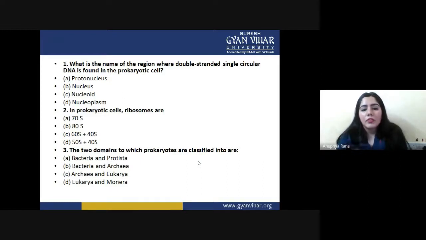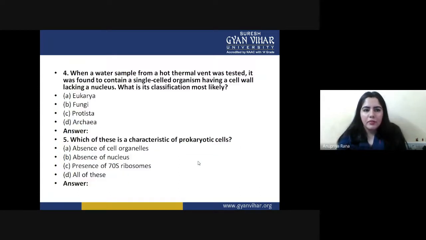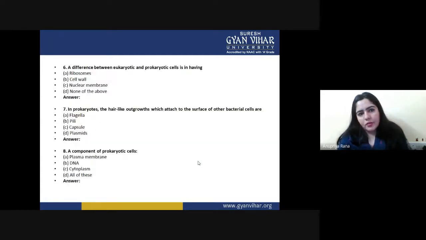In the prokaryote cell, ribosomes... Domains: into which two domains are prokaryotes classified? Water sample from Earth. This is majorly a classification-based question. Which of these are characteristic features of the prokaryote cell? I have already told you several special characters of both cells. Now you can answer those. Difference between eukaryote and prokaryote cell. This is all we already studied.